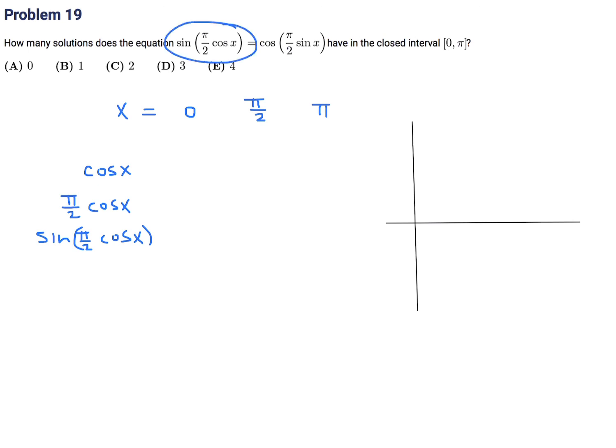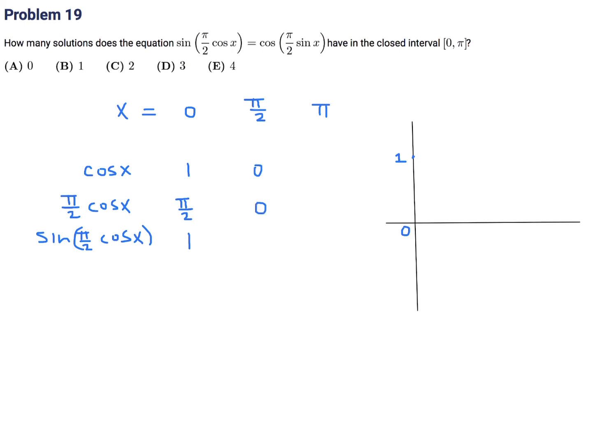So I'm concentrating on the left side first. When x is 0, cos of x is 1, and therefore this would just become pi over 2. And then the sine of pi over 2 is 1. So when x is 0, 1 is the point. When x is pi over 2, cos of x is 0.